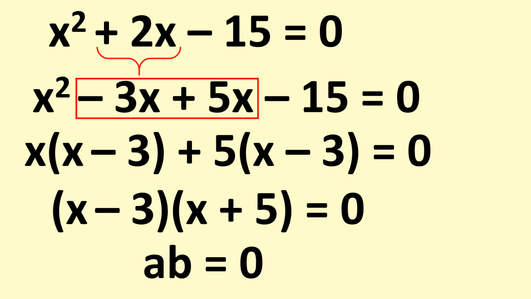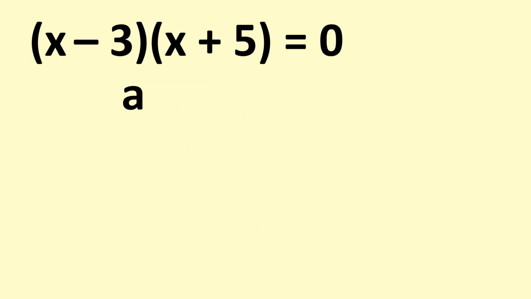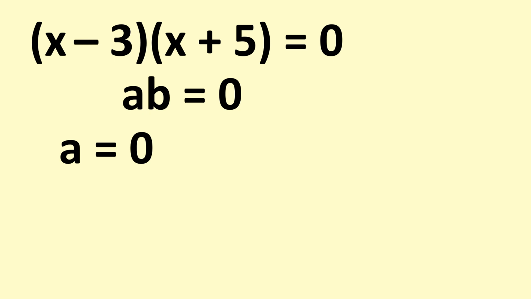Remember that in mathematics, if A times B equals 0, that implies that A equals 0 or B equals 0. You have two terms multiplying themselves and you are equating them to 0. It tells you that at least one of them should be equal to 0.